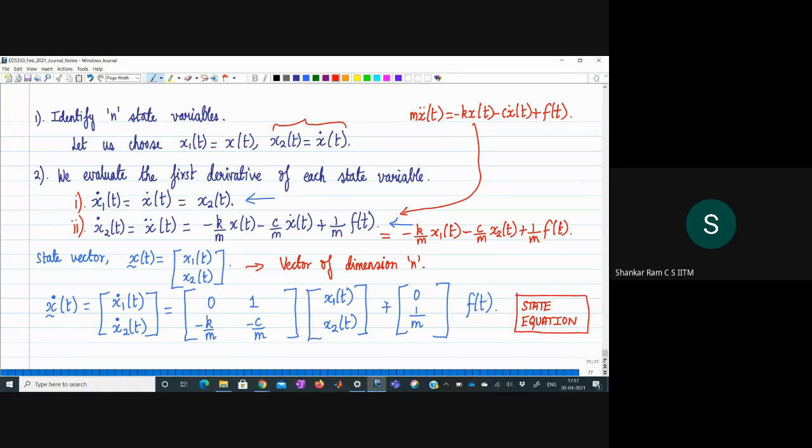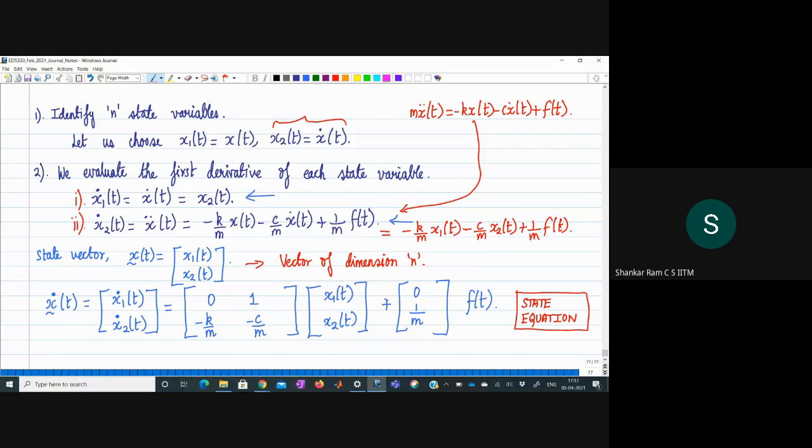I hope it's clear how we got this. If you look at these terms, this is the state vector x, this is u of t in this particular problem, and this 2 by 2 matrix is what is called a state matrix. I am going to use a capital letter with a tilde underneath.